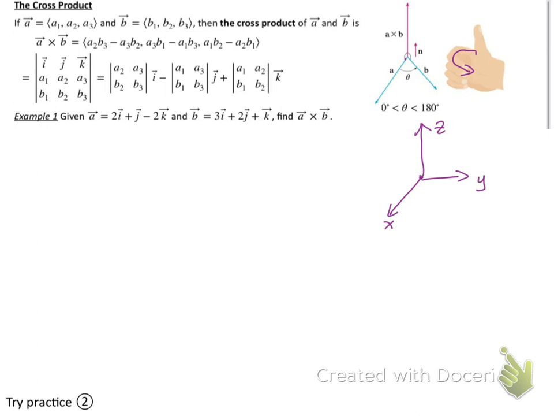The right hand rule will give you a perpendicular vector, and that is what we're looking for. That's the direction, right? And its length also means something. But for now, let's do the computation first.